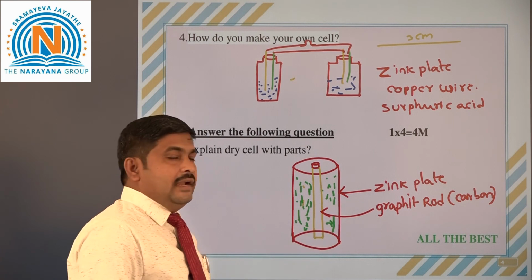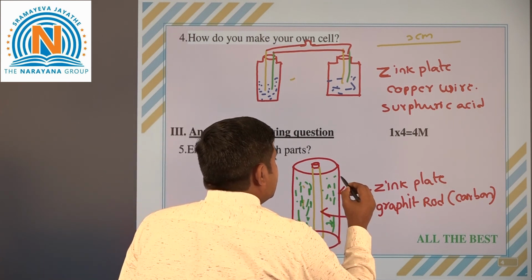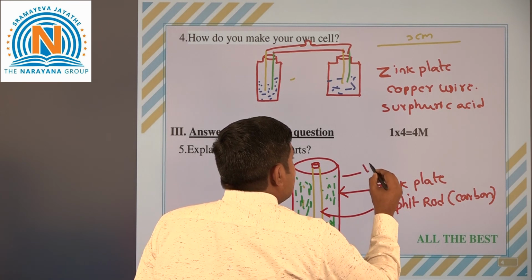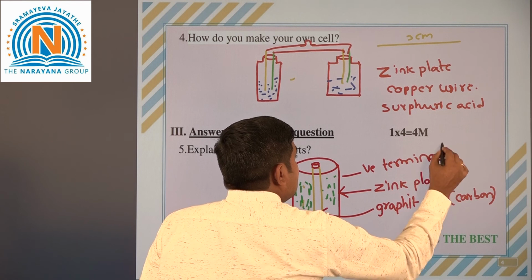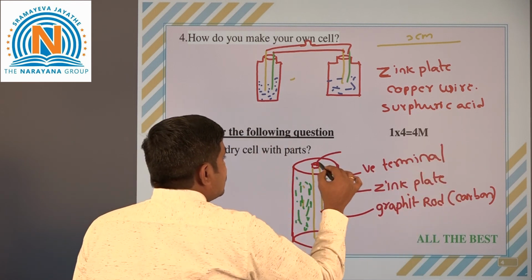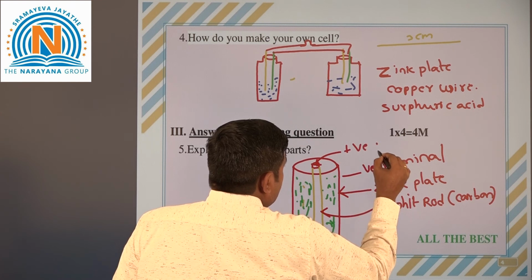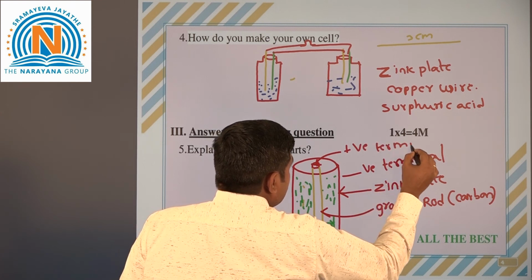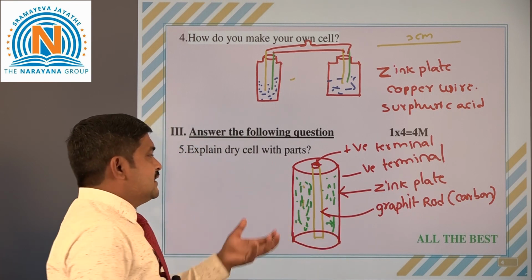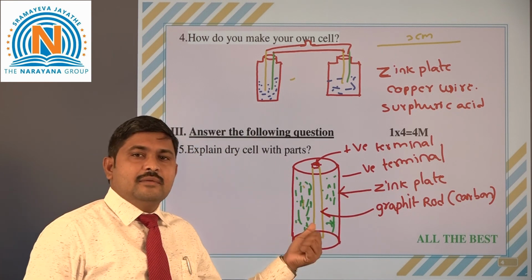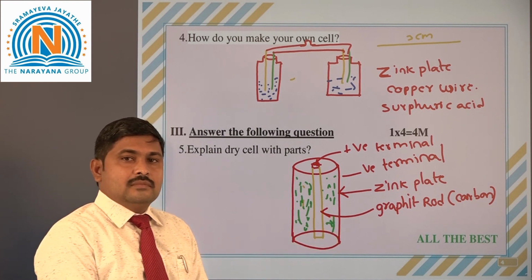Here the zinc plate is going to act as a negative terminal. This graphite rod is going to act as a positive terminal. And when these are connected, it starts to convert the chemical energy into electrical energy up to some time.